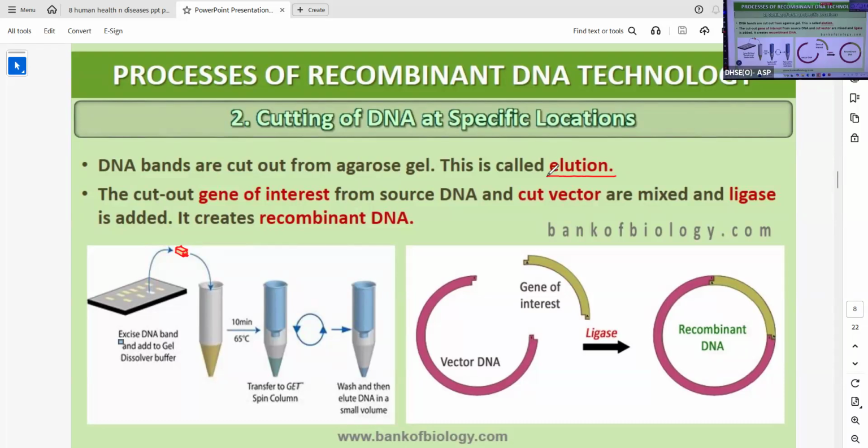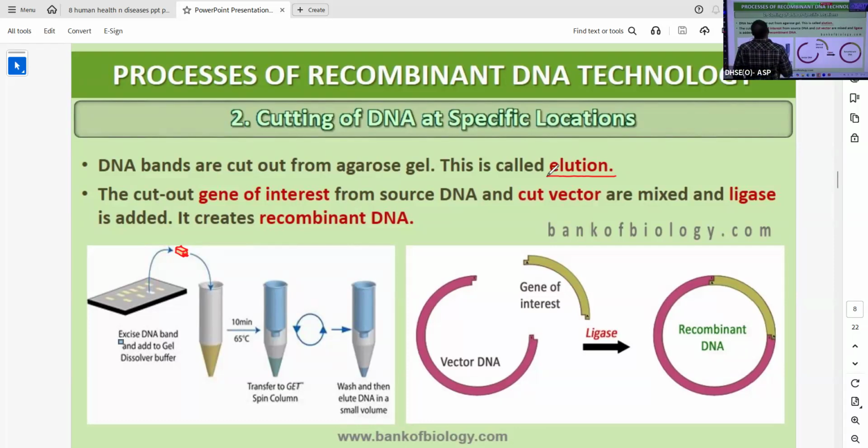Did you understand? So the restriction enzyme we used to cut out the desired gene of interest, using the same restriction enzyme we cut within this particular DNA, using the same restriction endonuclease.